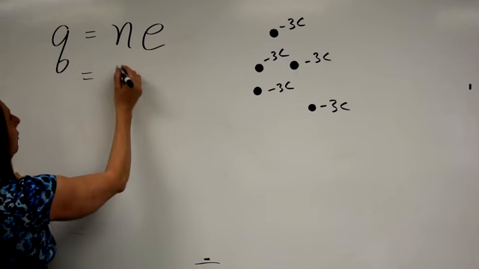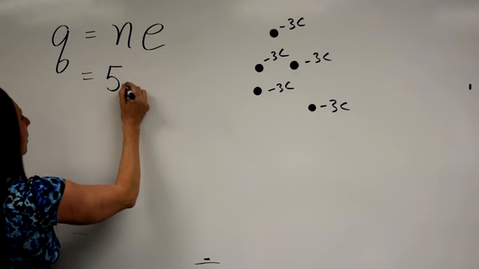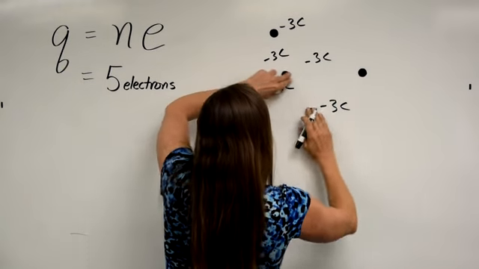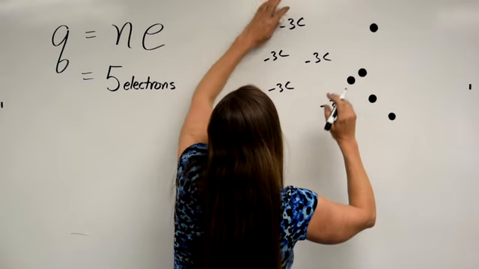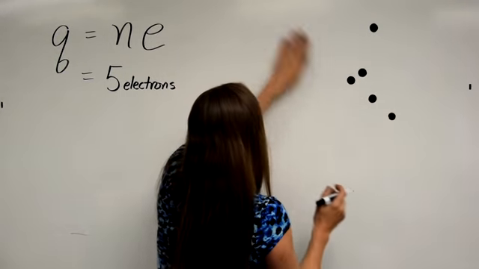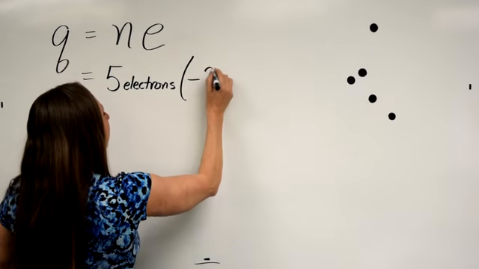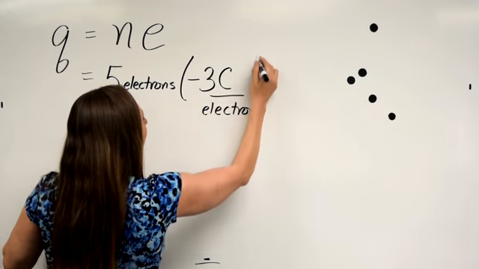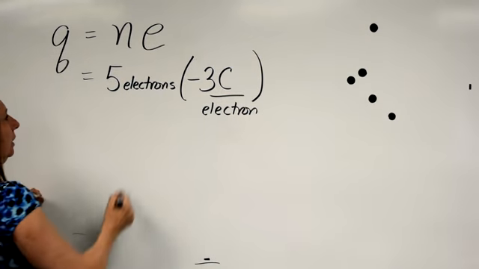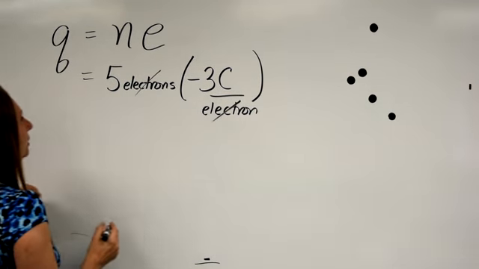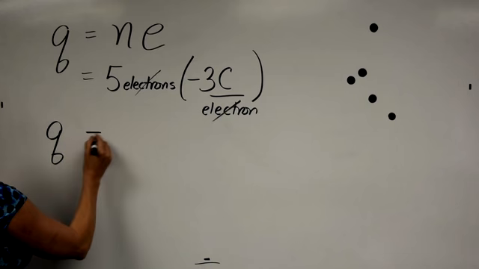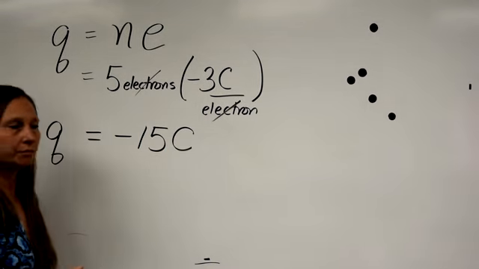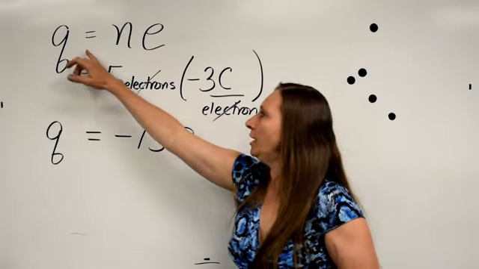We've got 5 electrons, and in our weird little universe, the elementary charge is negative 3 coulombs per electron. Electrons cancel with electrons, and we get that the total charge is negative 15 coulombs.